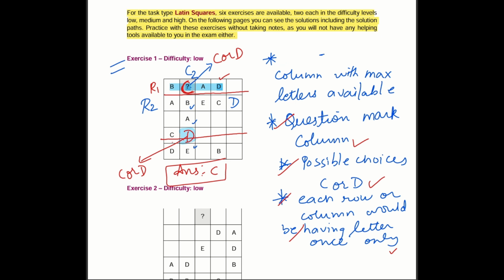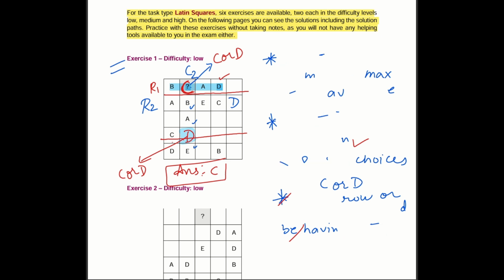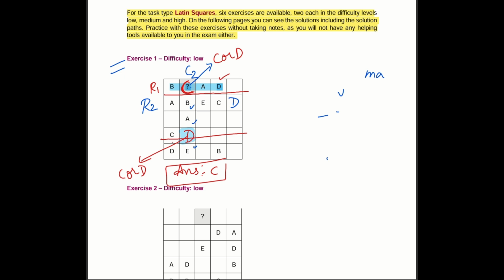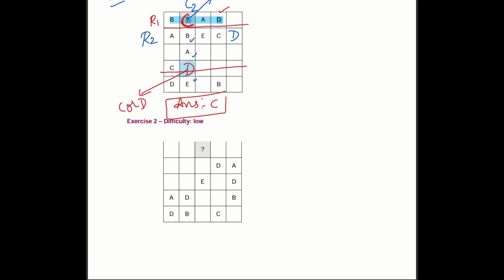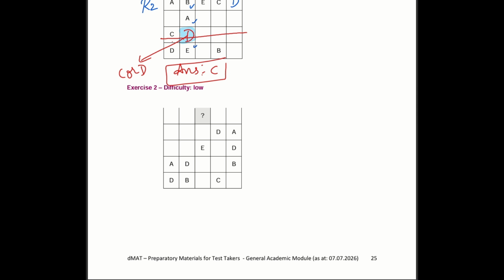So now move to the next question. Here we are going to try to solve this question, and all the other questions, in maximum 50, 60, 75 seconds. Okay. So this is the next question here.